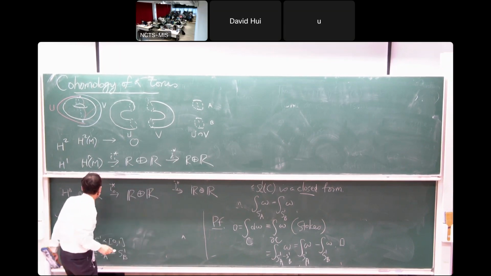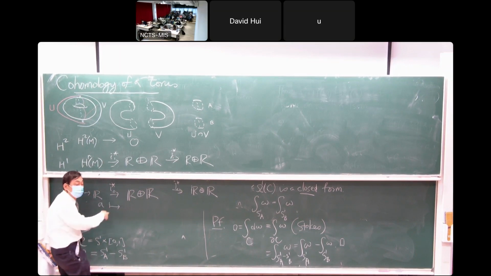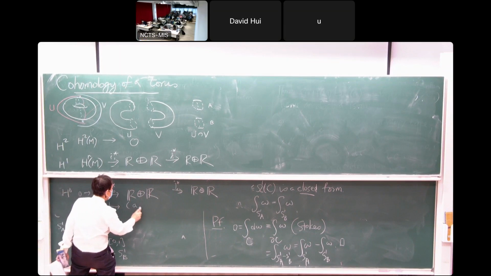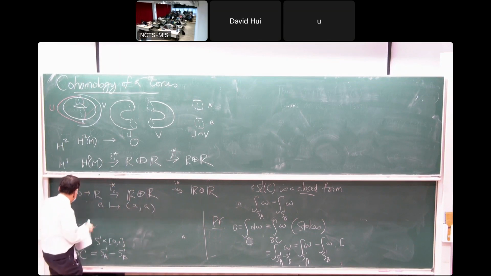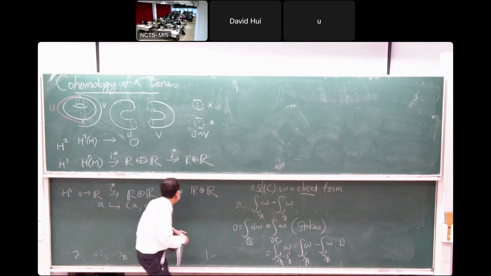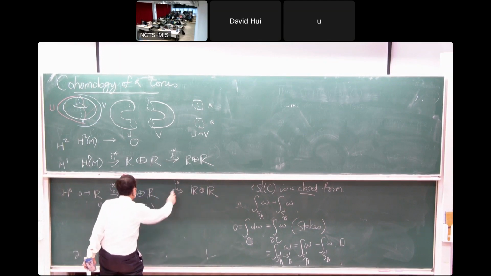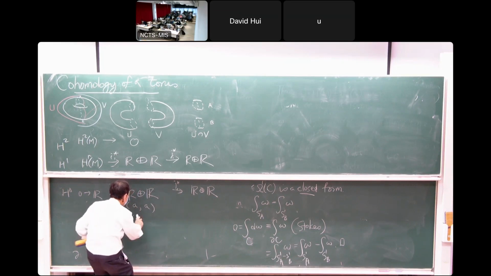Okay. And we know what this map is, right? It's just a restriction. So the constant function A goes to AA, and then J is the restriction of the difference.